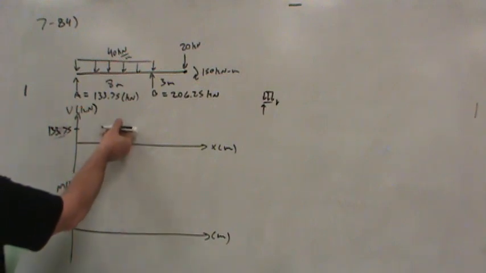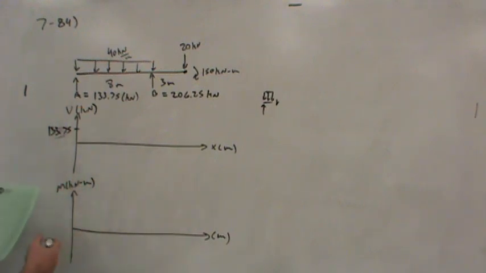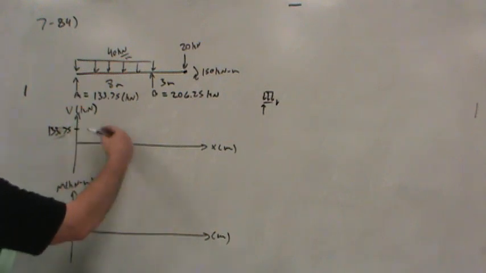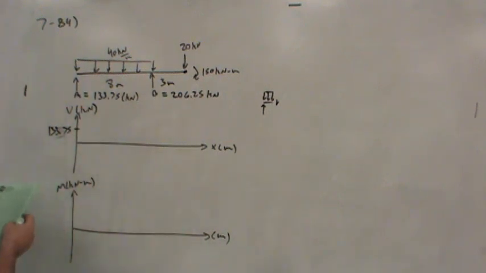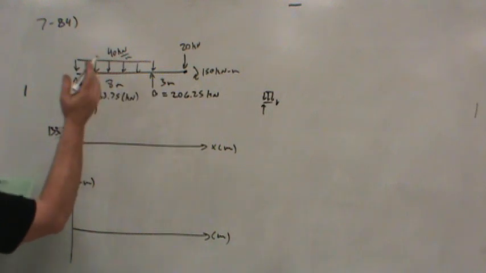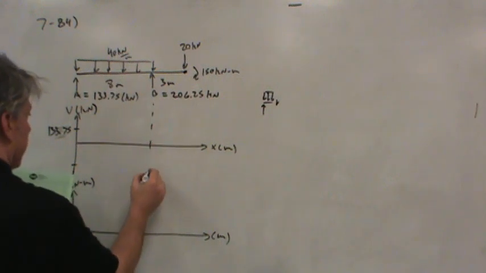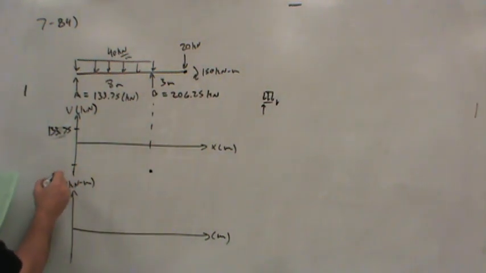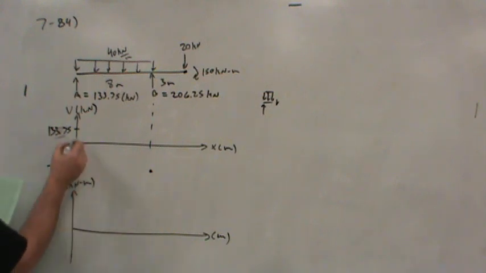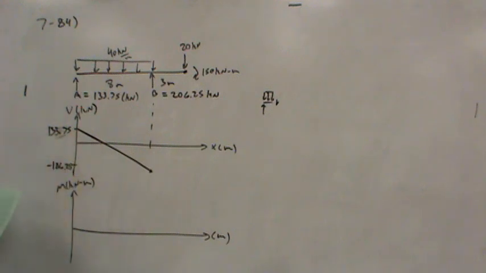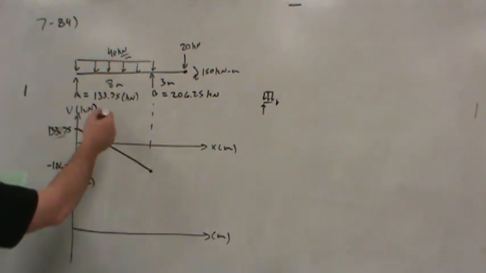So we should have a change of 320 kilonewtons as we go from our initial point of 133.75 down to a final point. And so if you take 133.75, subtract off the 320, you come down to a value of negative 186.25 kilonewtons. And of course, the shape of the graph between those 2 points is a straight line. So there's a linear decrease.